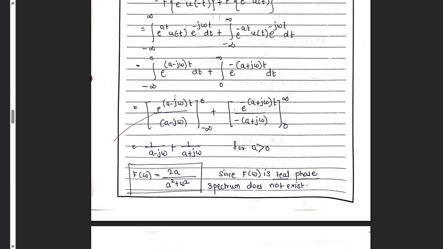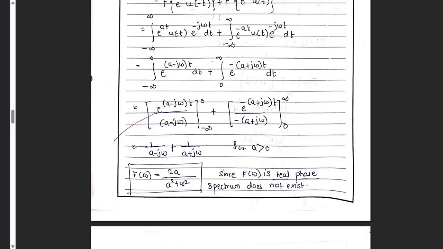First of all, when we substitute 0, this will be e raised to 0, that is 1, divided by a minus j omega. And when we substitute the second limit, minus infinity, e raised to minus infinity, the lower limit term will become 0. Therefore, only the upper limit term 1 upon a minus j omega remains. For the second term also, when we put the upper limit, it becomes e raised to minus infinity, that term becomes 0.